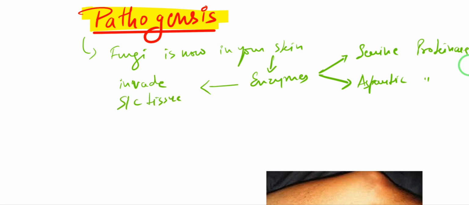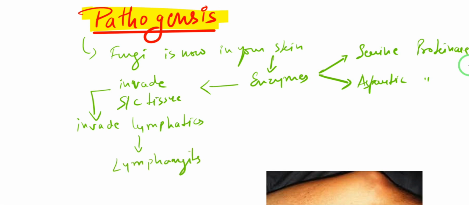So now that it is in our subcutaneous tissue, what will it do? It is not going to stay silent. It is going to invade more. It is going to invade our lymphatics, and then it will lead to inflammation, that is lymphangitis. After this inflammation, the fungus is going to come out, and what appears are the ulcers.